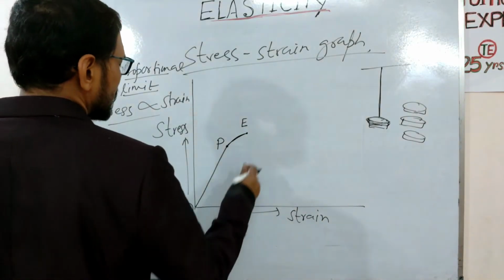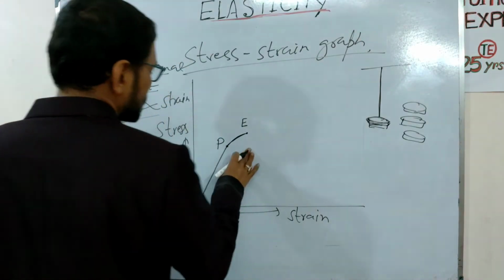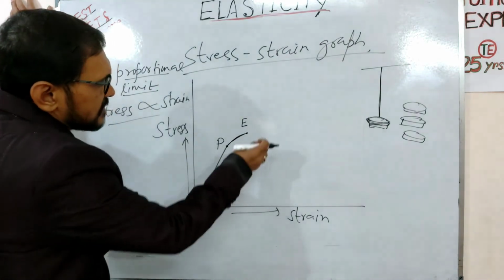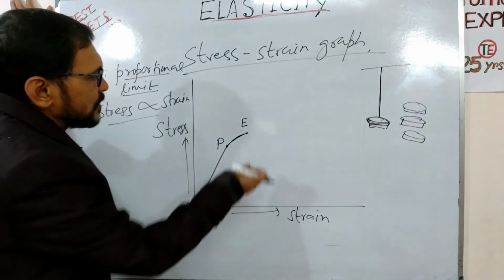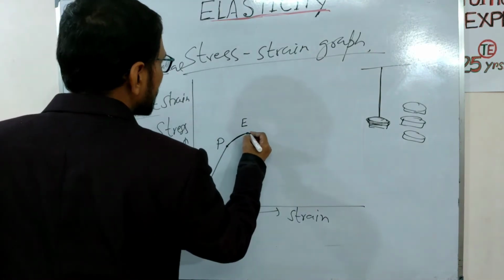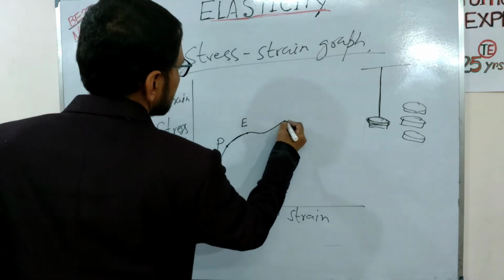Plastic property means when stress is withdrawn, the body has a permanent deformation. So when an external force is withdrawn, the body has a permanent deformation. After that, the plastic property starts, and the stress strain graph will be like this.